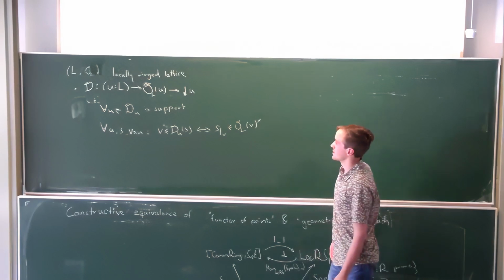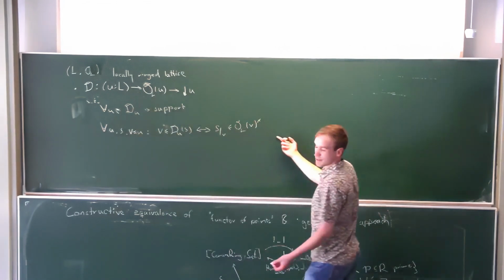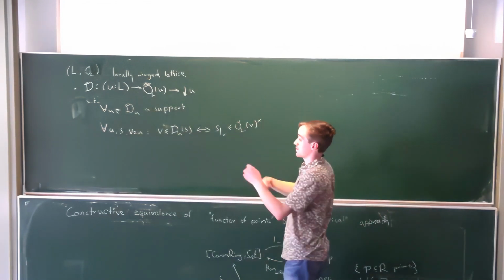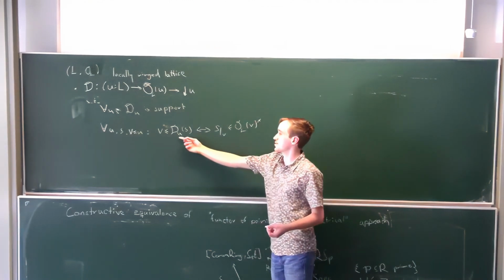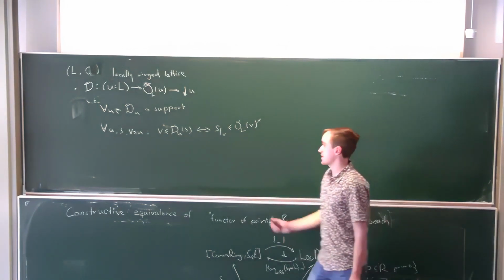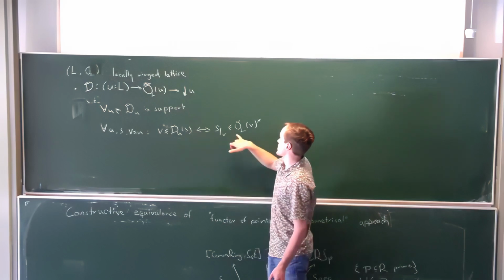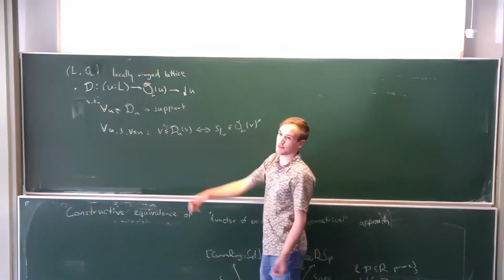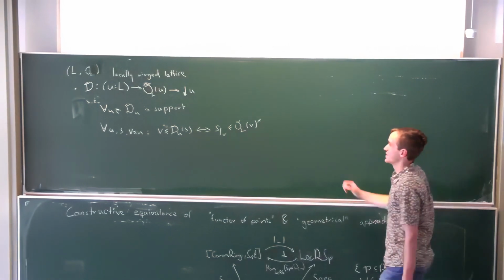If you had another map D prime with this property, then you can show that D prime and D have to coincide for all S, because clearly if you restrict S to D_U of S, then it will be a unit. Did that make sense?